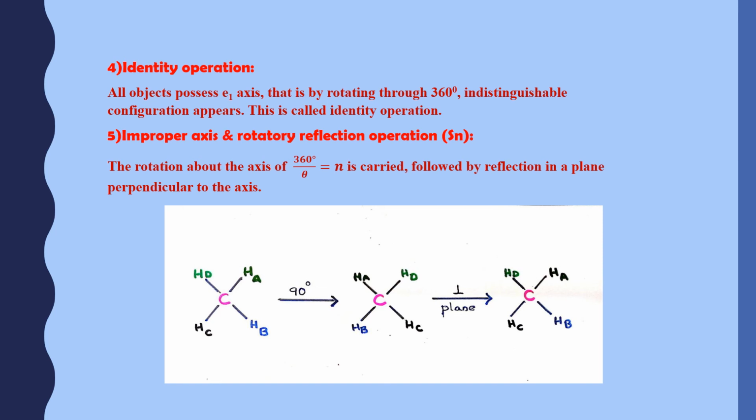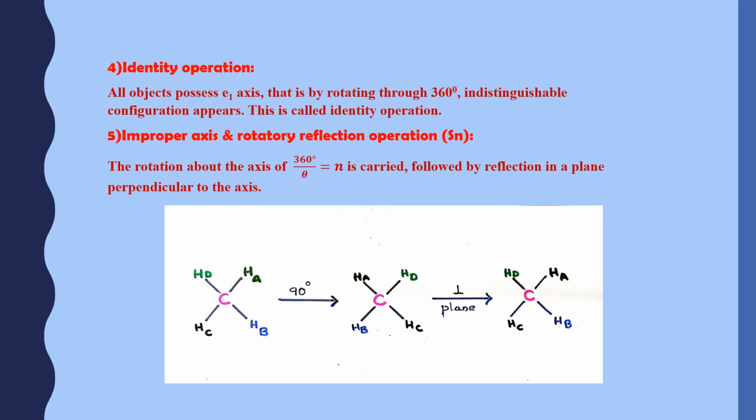Initially the molecule is rotated about an axis through an angle of 90 degrees, then it is reflected through a plane perpendicular to the axis, and the final configuration is indistinguishable from the first form. This is called the improper axis and rotatory reflection operation, Sn.